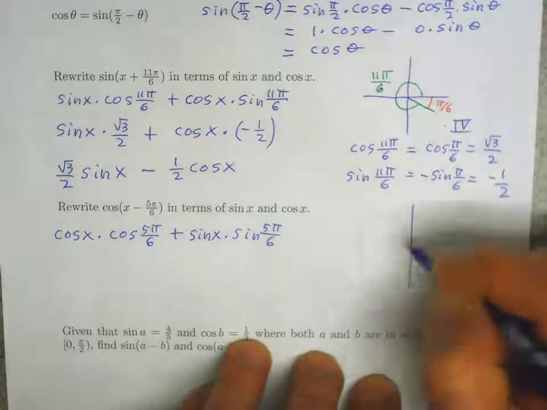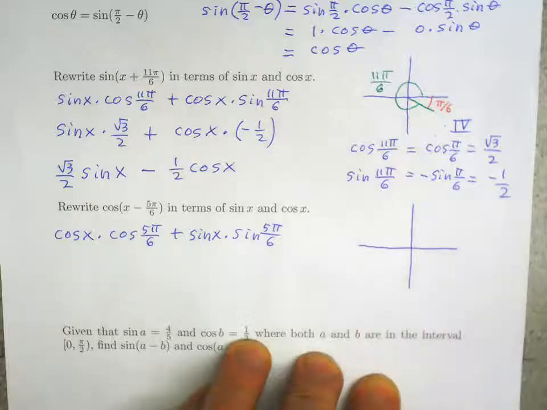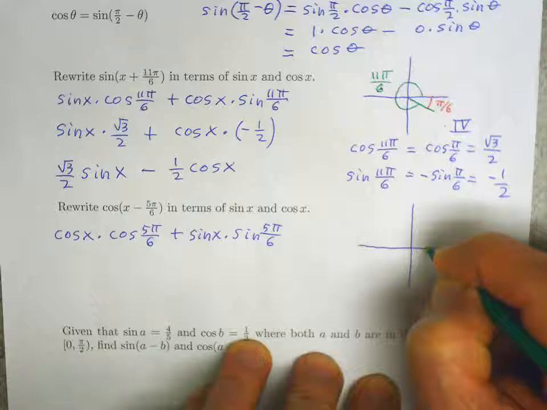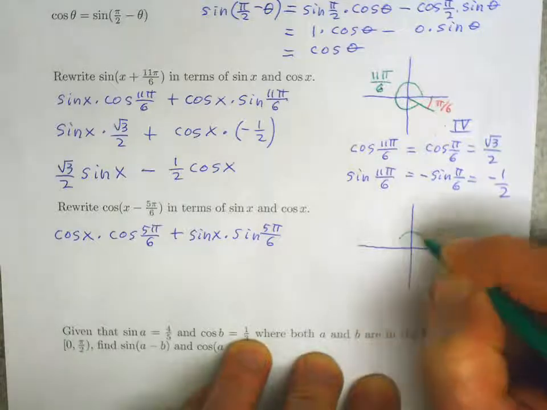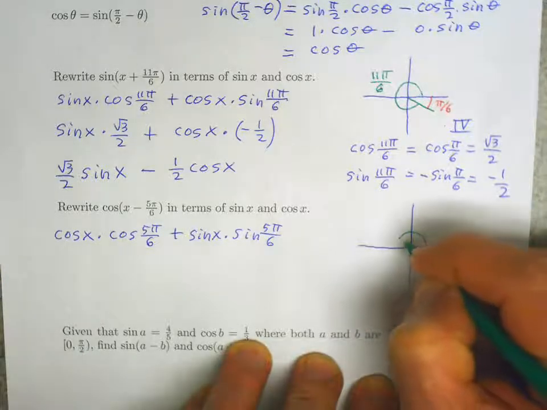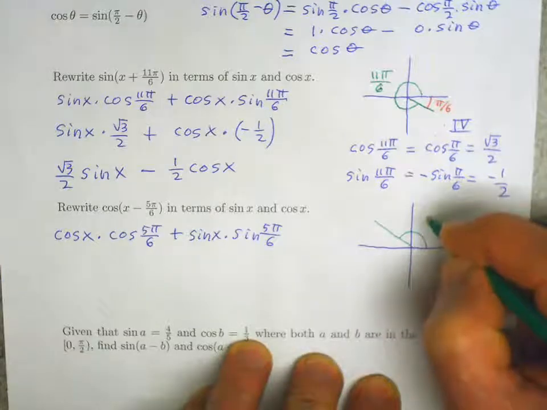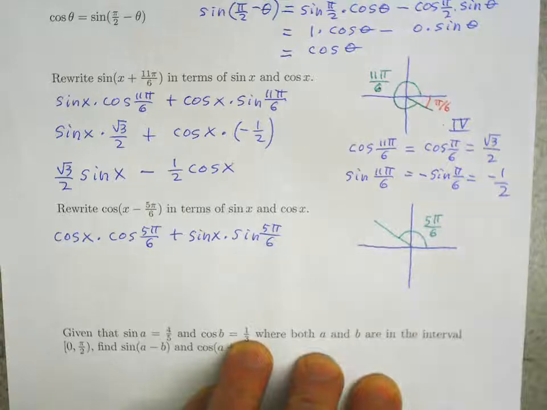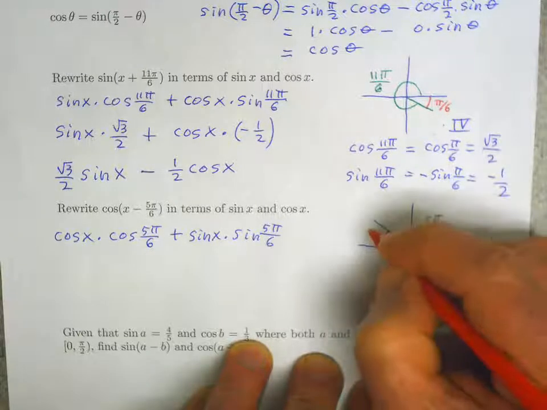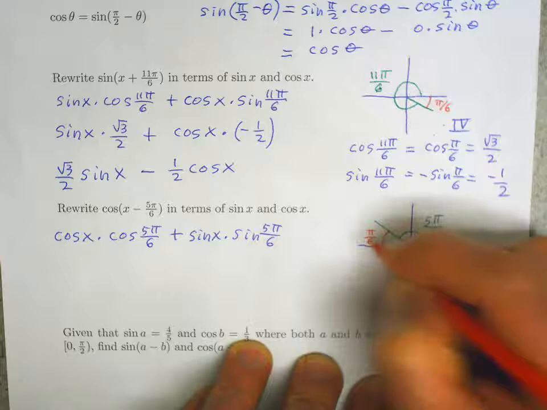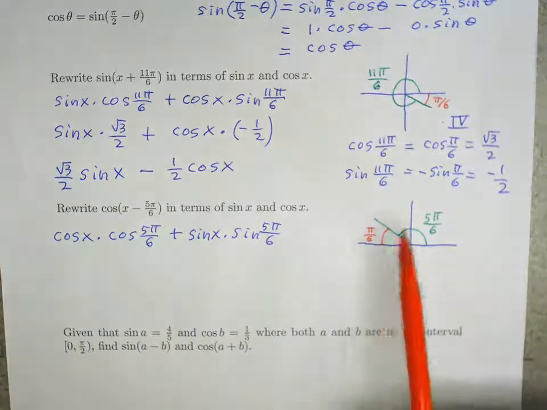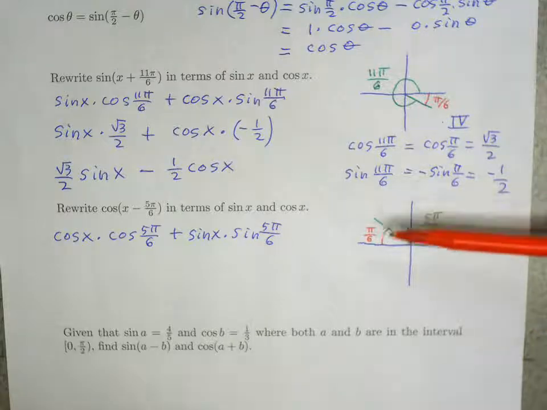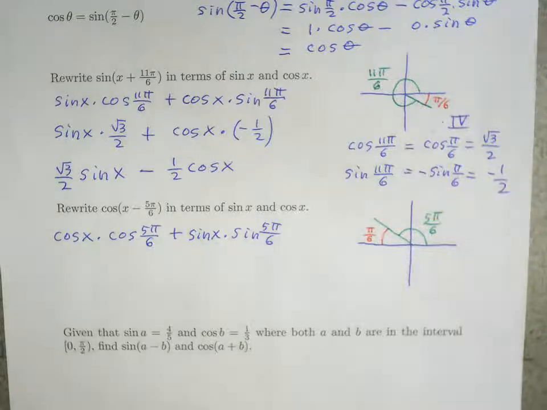5 pi over 6 is in the second quadrant. It's not quite half of a revolution, so this is about 5 pi over 6. And the reference angle is pi over 6. And in the second quadrant, sine is positive and cosine is negative.